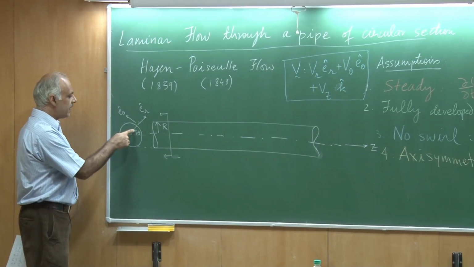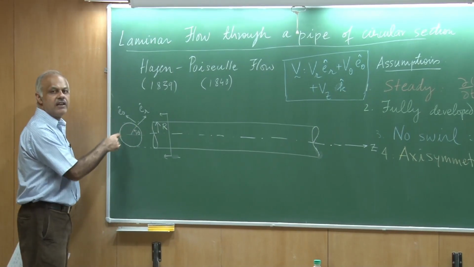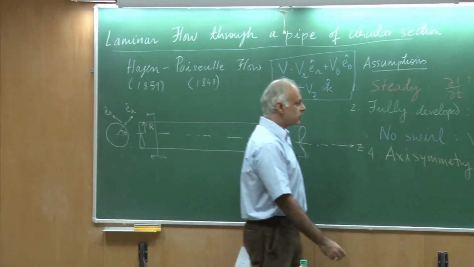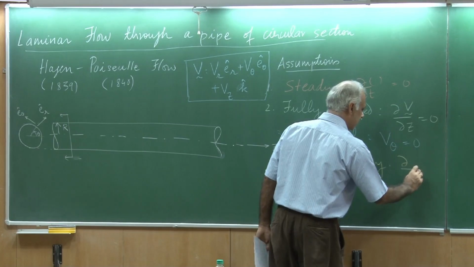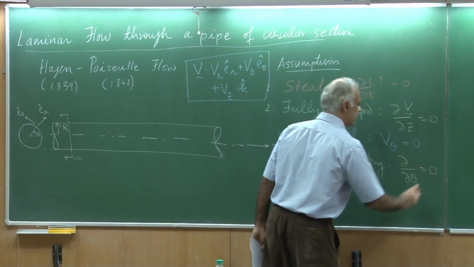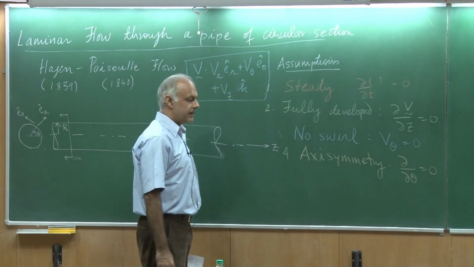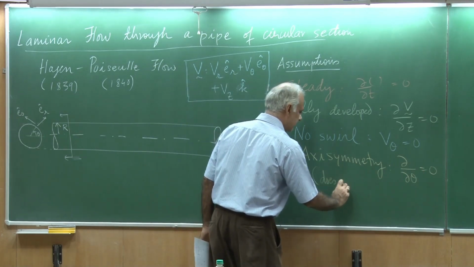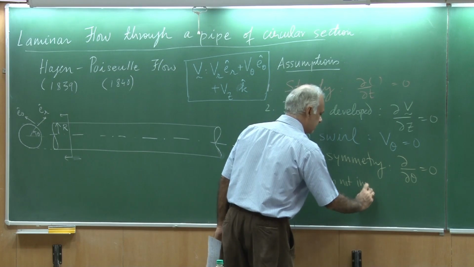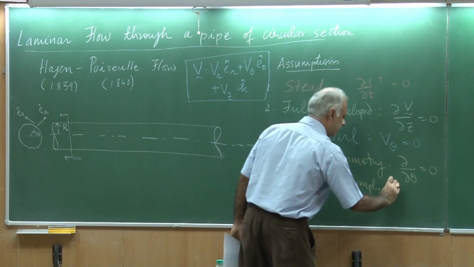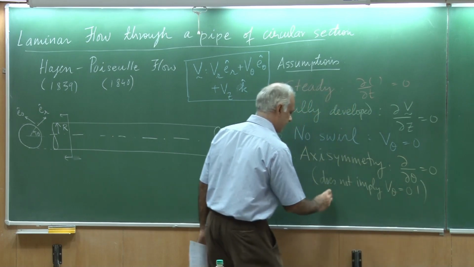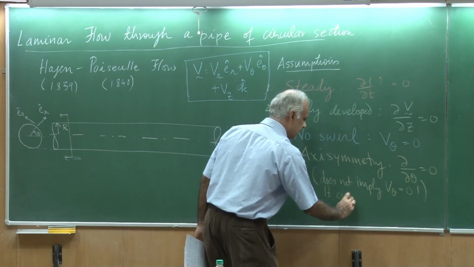So the variables here achieve the same value at different theta. Okay, so that's axisymmetry. So this would imply that del by del theta is 0. Let me point out that axisymmetry does not imply that v theta is 0. It can still be a constant.